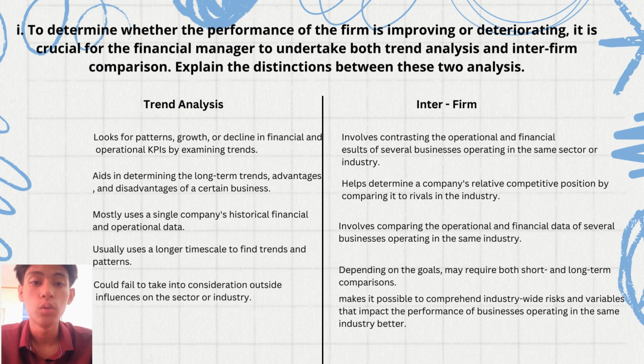Trend analysis could fail to take into consideration outside influences on the sector or industry, while interfirm makes it possible to comprehend industry-wide risks and variables that impact the performance of business operating in the same industry better.